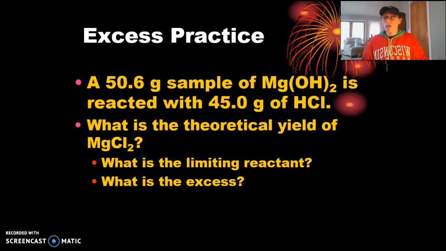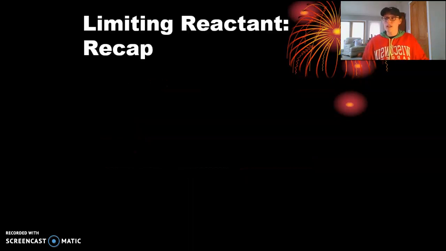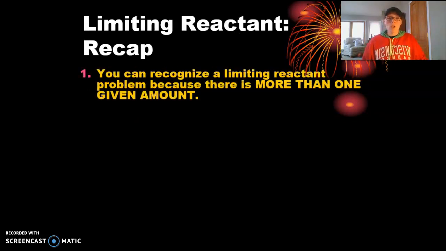So I'm going to quickly go to a summary sheet where we're going to go over all of this, and you can see the summary of everything we've done with stoichiometry. You can tell that it's a limiting reactant problem because it has more than one amount given. If it just tells you how much is given, then it's not limiting. You just go ahead and solve it the way we've been solving them before.